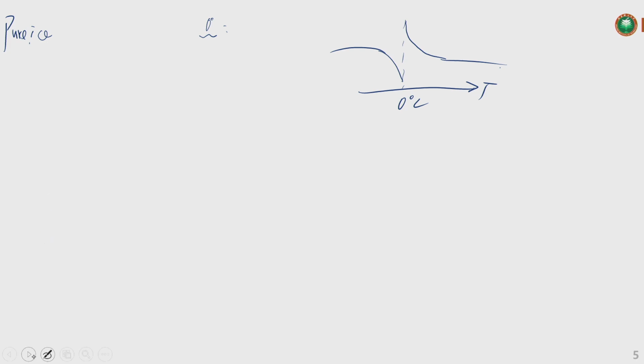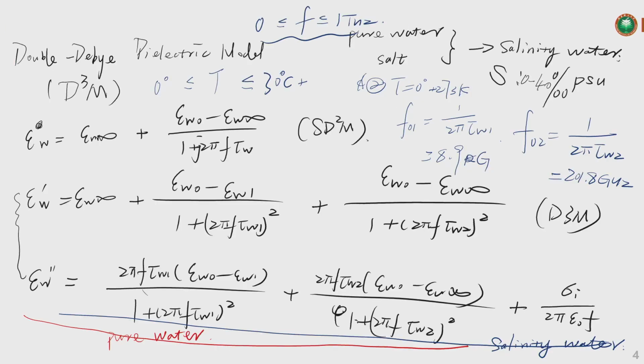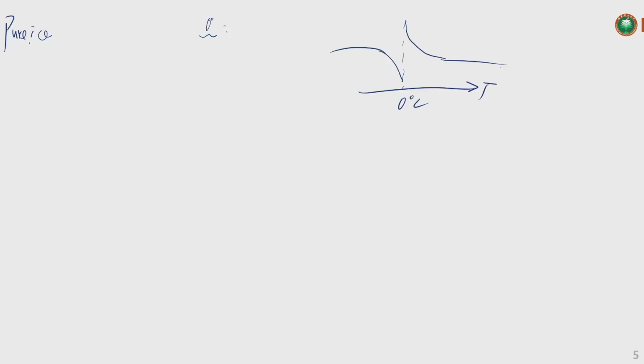So for pure ice, previously for water, the relaxation frequency is around 1.8 or 200 gigahertz. For ice, its relaxation frequency f or f node is in the kilohertz range, so it's much smaller than that for water.